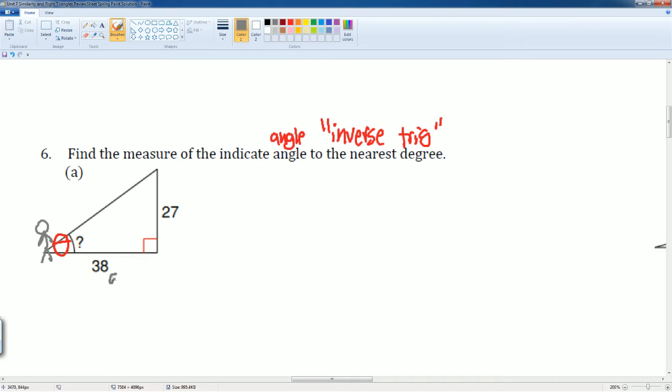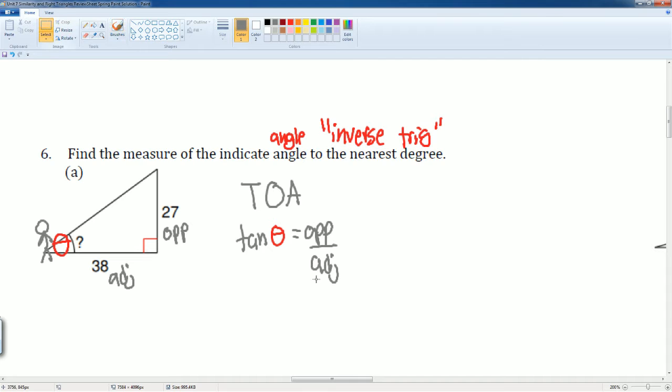The 38 is your adjacent, and your 27 is your opposite. So opposite over adjacent, which is your TOA. So tan of theta is going to be equal to your opposite over your adjacent.